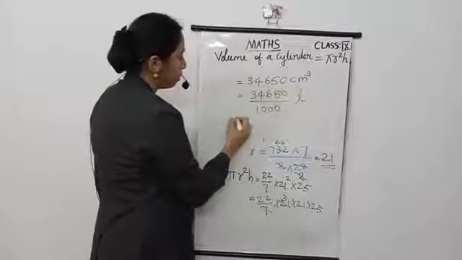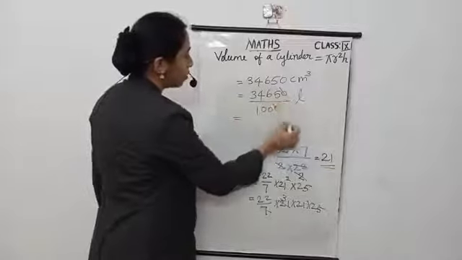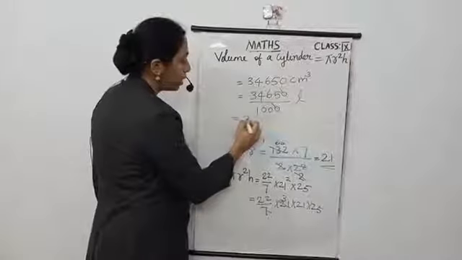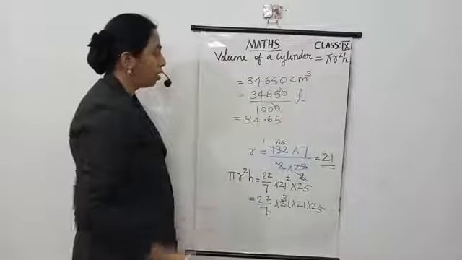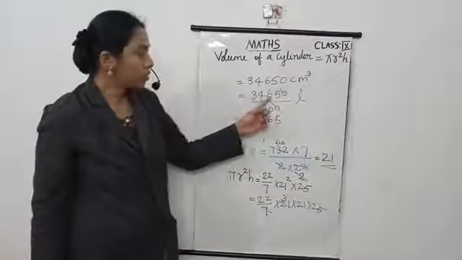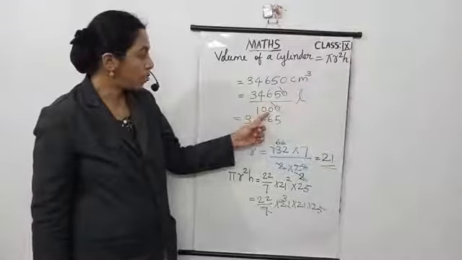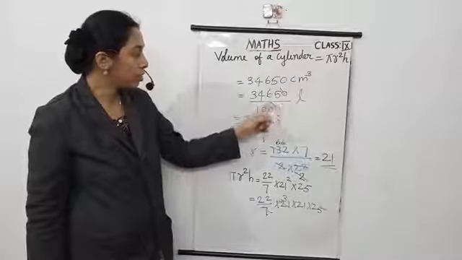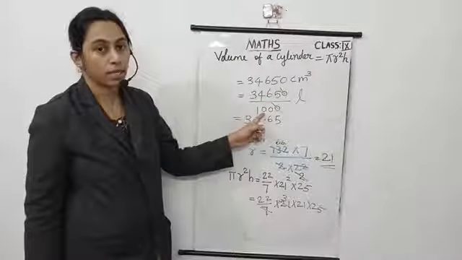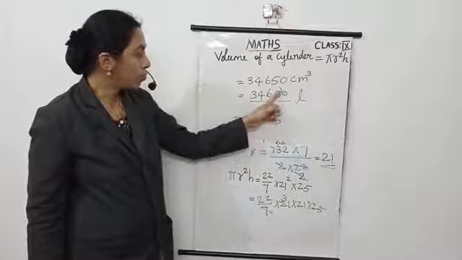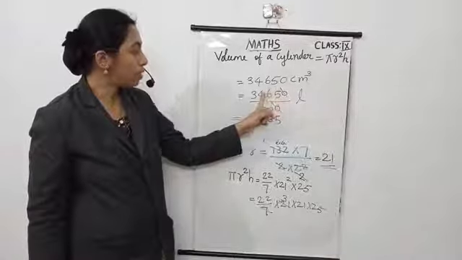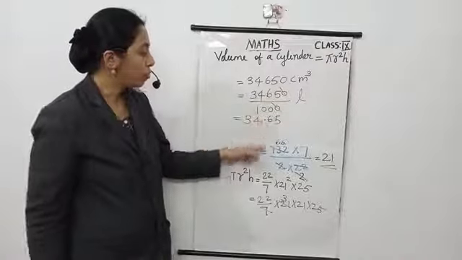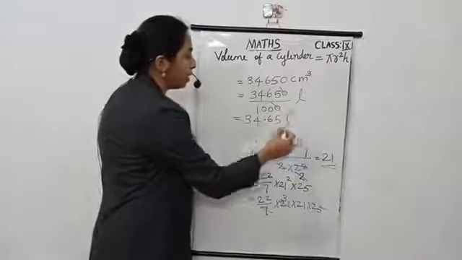Then this becomes liter. We can cancel 0 and 0. 1000 has 3 zeros, so put the decimal point from the right side after 3 digits. So here 34.65 liter.